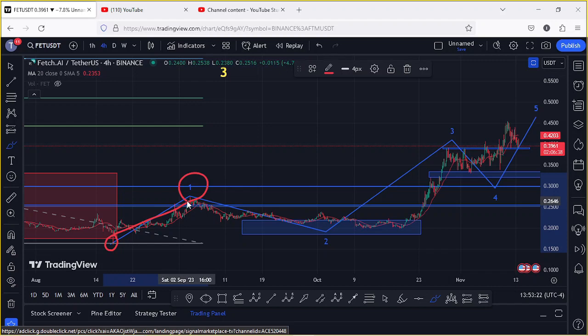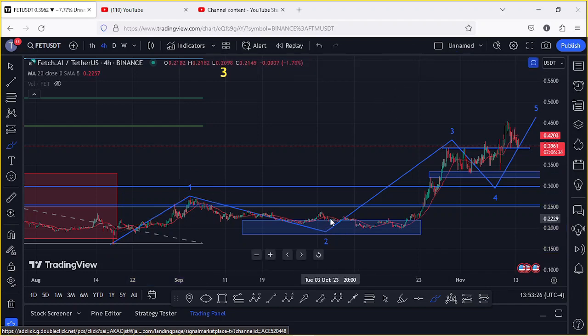After that first wave, we started a corrective structure in the formation of this wave 2 in a move that gave us a pullback into the minimum target area highlighted on the charts using this blue target area, fully maximizing the area.